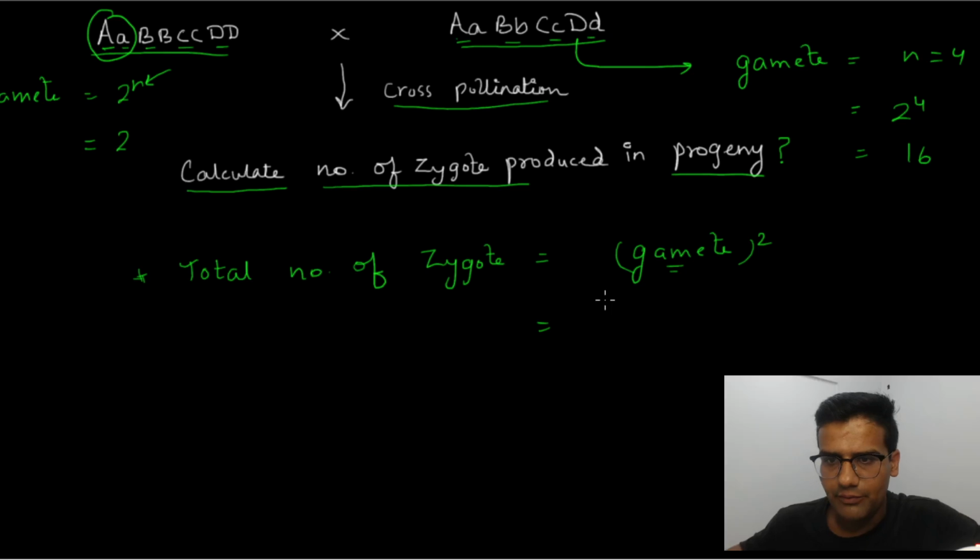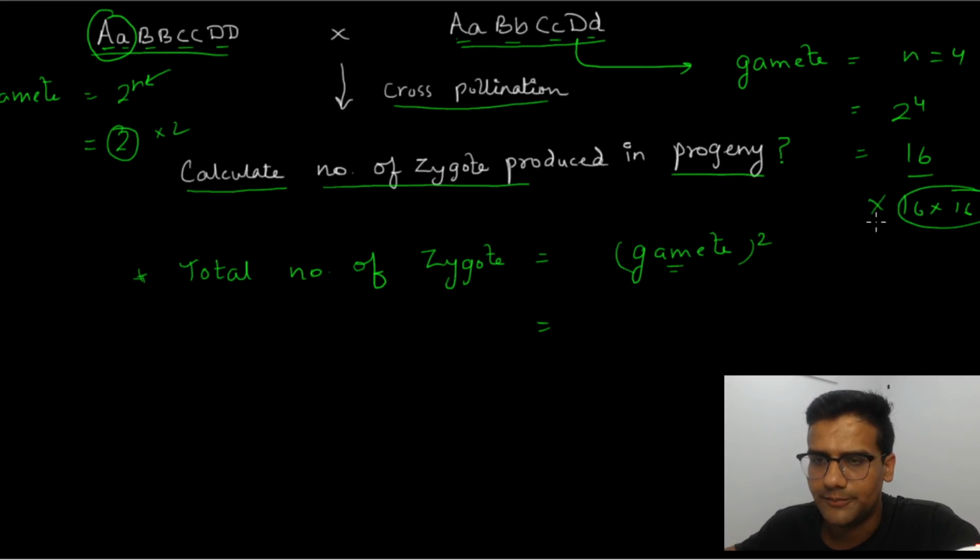The basic problem comes when calculating the total number of zygotes: the student multiplies either 2 into 2 or 16 multiplied by 16. In both cases, the answer would be wrong.